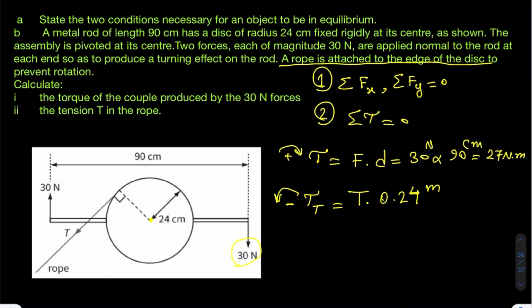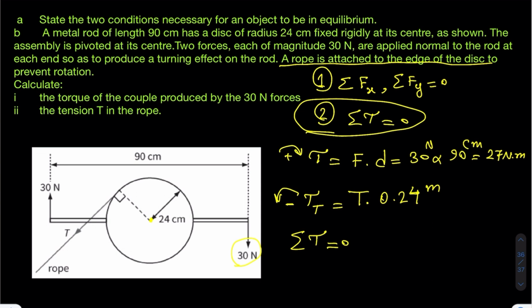meters. Okay, but since this disc is in equilibrium, that means it does not rotate. The sum of these two torques must be equal to 0, the second condition of equilibrium. So we say sigma torque around this pivot must be equal to 0.